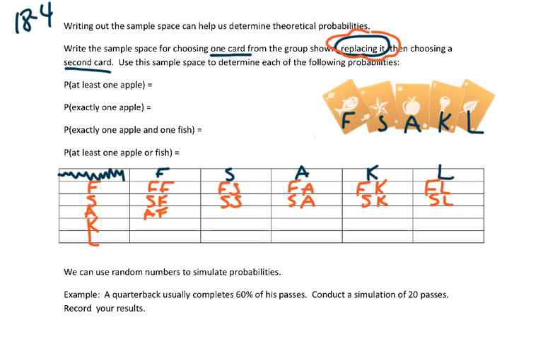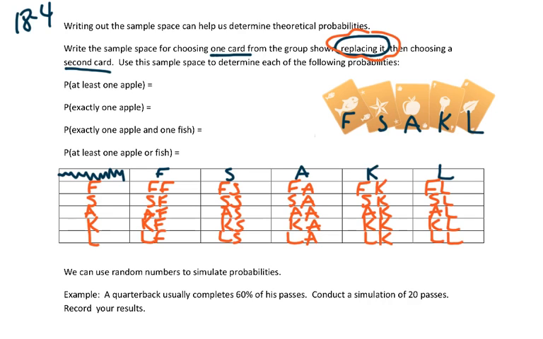Apple fish, apple star, apple apple, apple key, and apple leaf, key fish, key star, key apple, key key, key leaf, leaf fish, leaf star, leaf apple, leaf key, and leaf leaf.